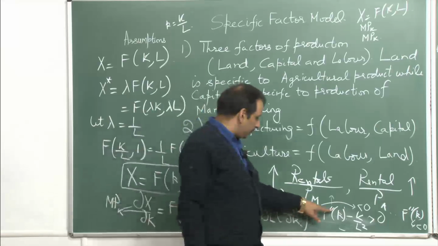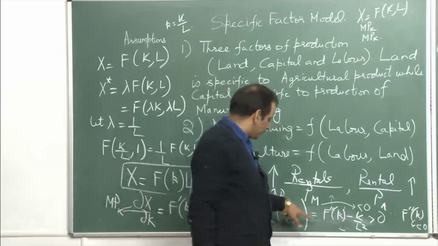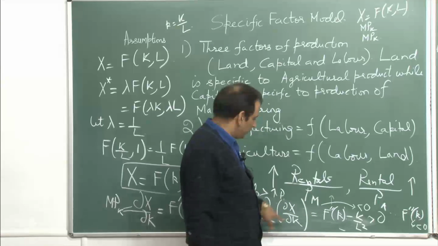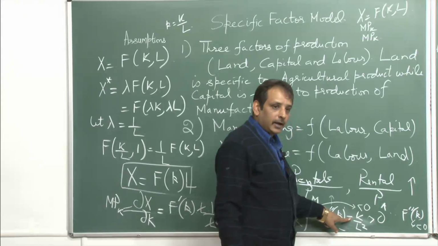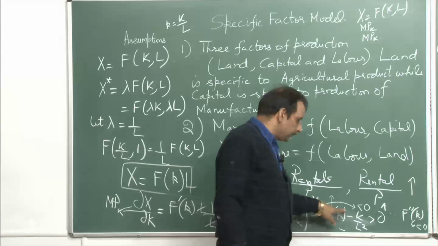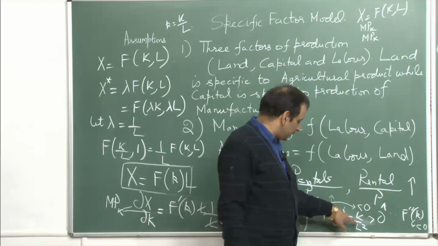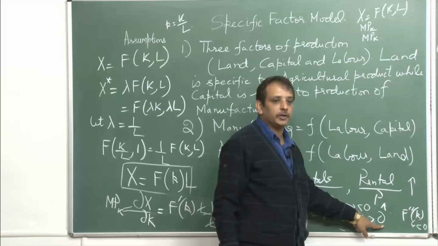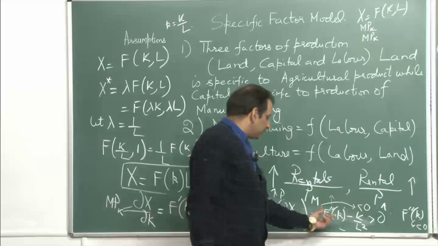So, it becomes f double dash k, the derivative of small k with respect to L, minus k by L square. You have a negative sign, but this is negative, so this is negative times minus k by L square. So, you get this to be greater than 0. Okay. And why is this negative?